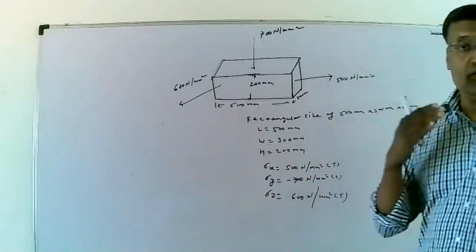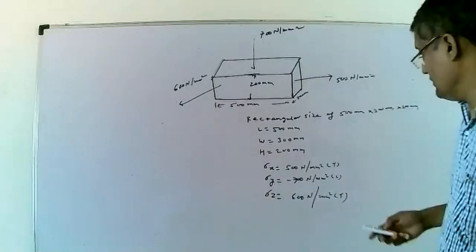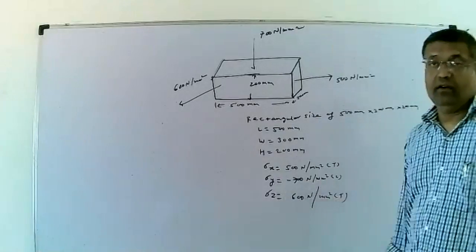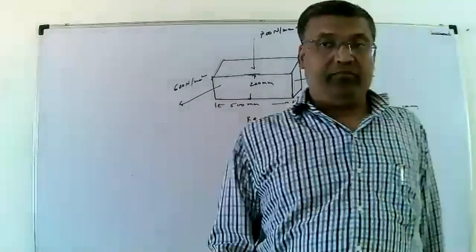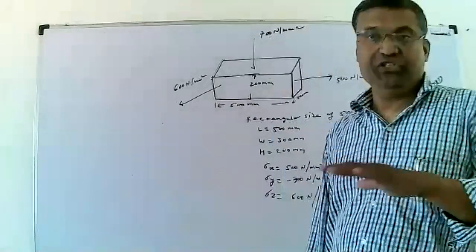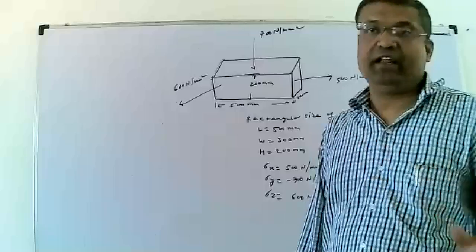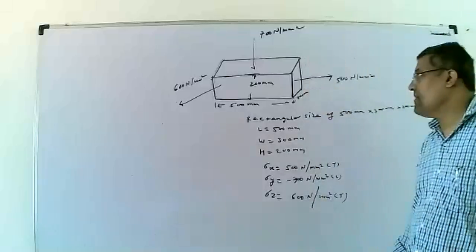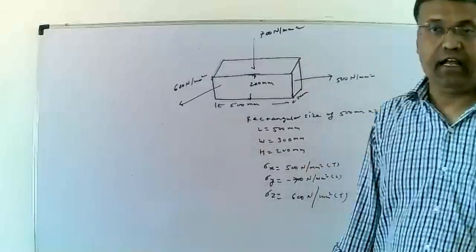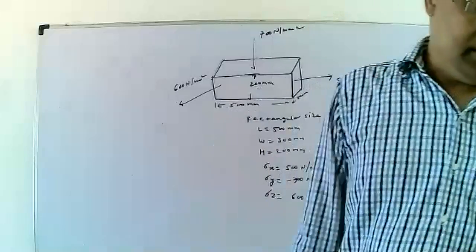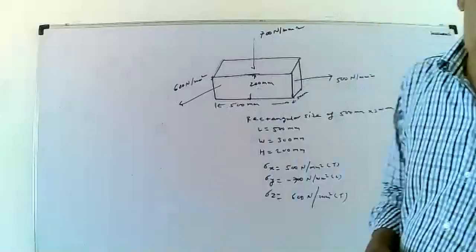Then stress induced along the z direction, 600 Newton per mm square. That is the tensor. You have to provide the stresses along x, y and z directions, as well as length, width, and height of the rectangular block. Then E is given.